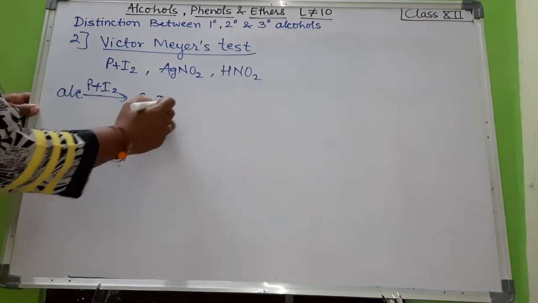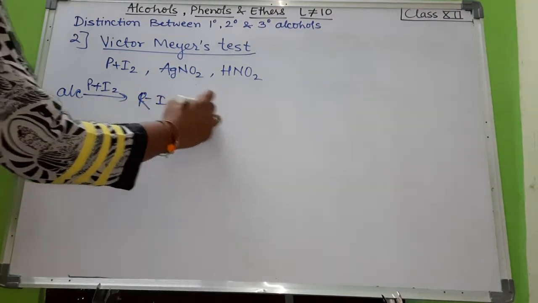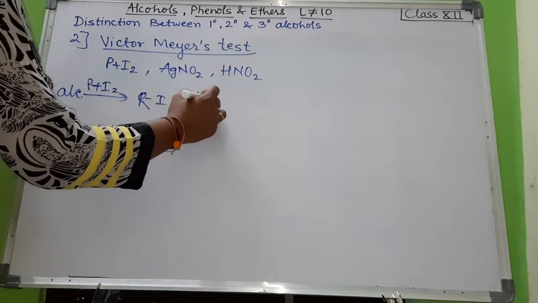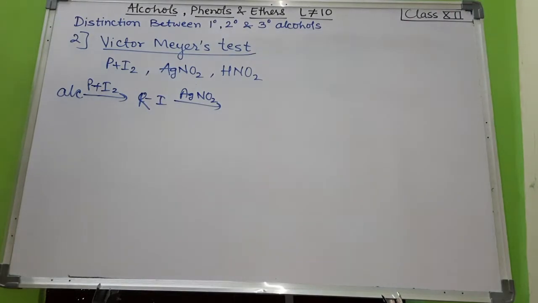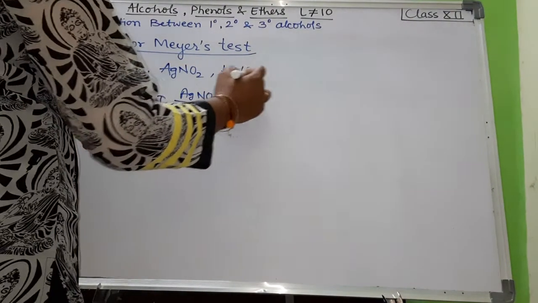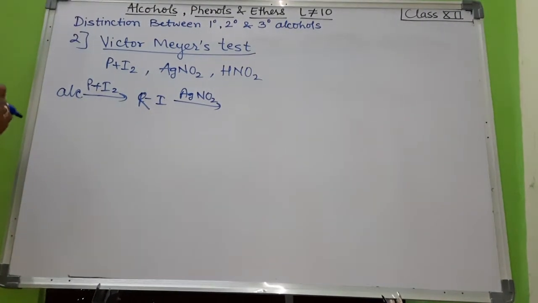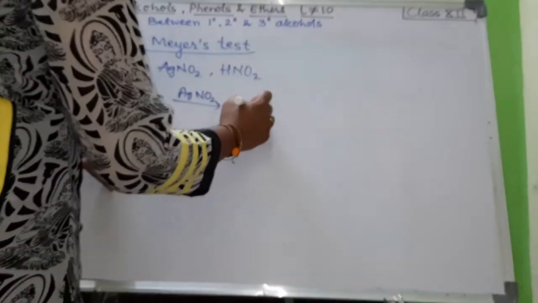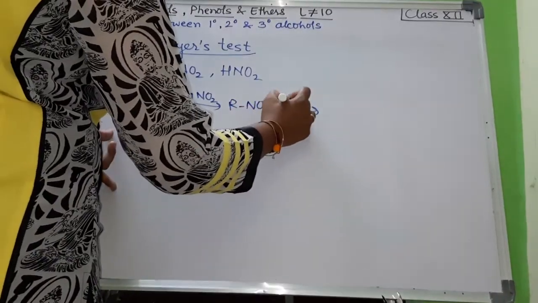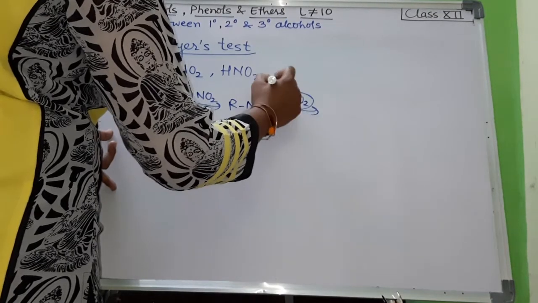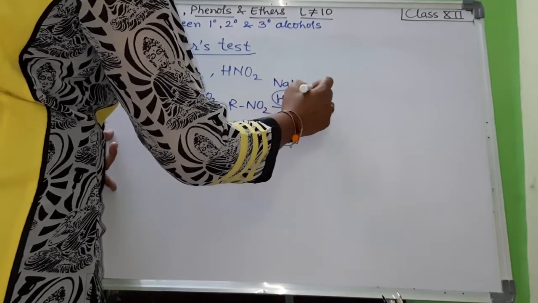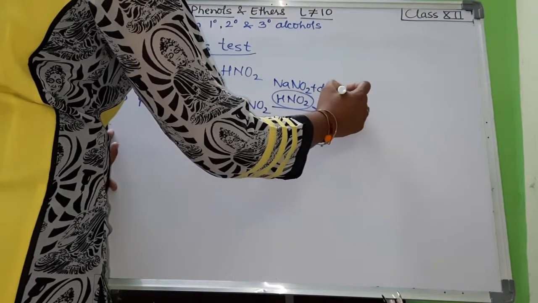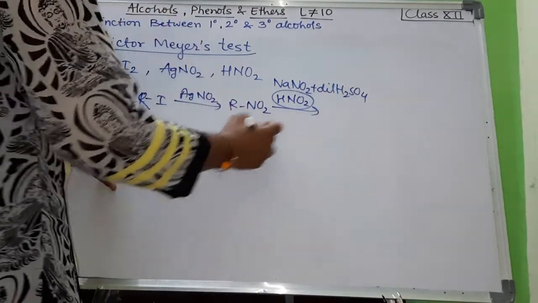And then it is treated with AgNO2 so that it gives RNO2, and later on it is treated with HNO2, and HNO2 is what? It is freshly prepared by using NaNO2 with dilute sulfuric acid. This is nitrous acid. So it gives what?